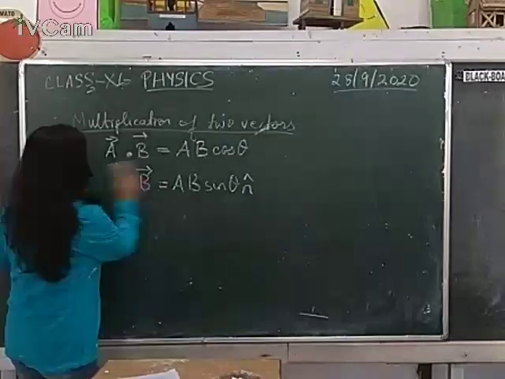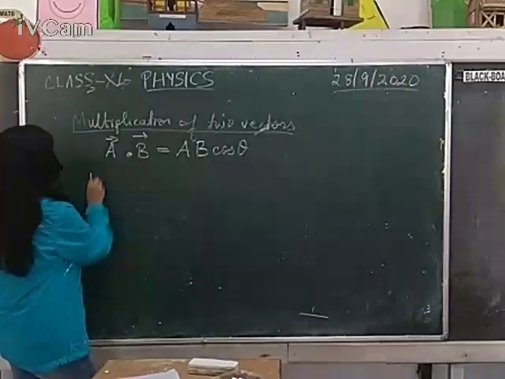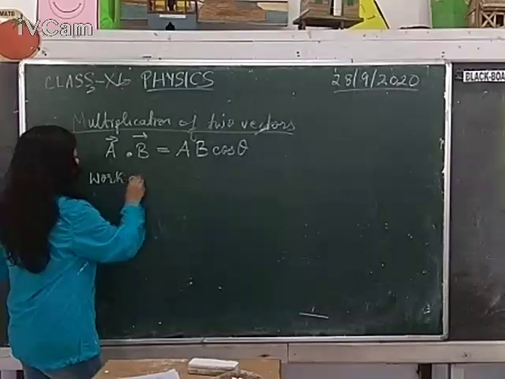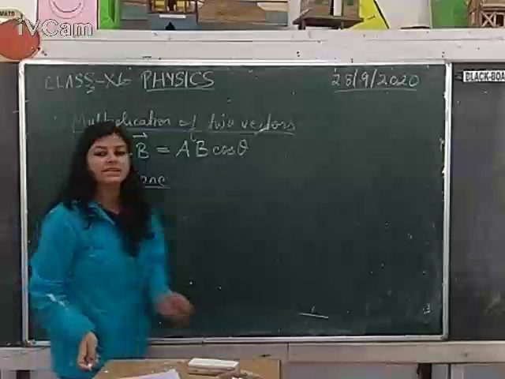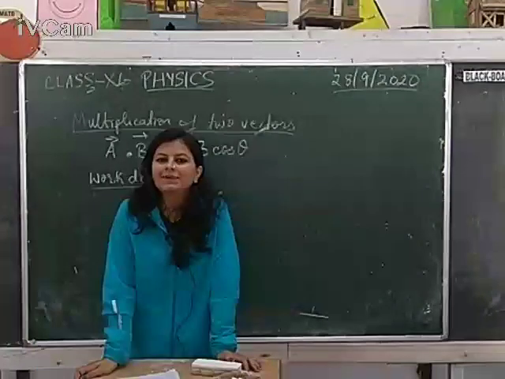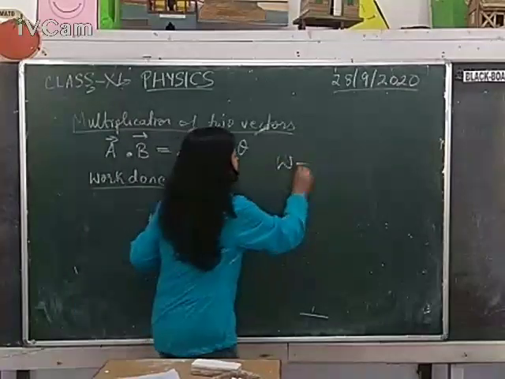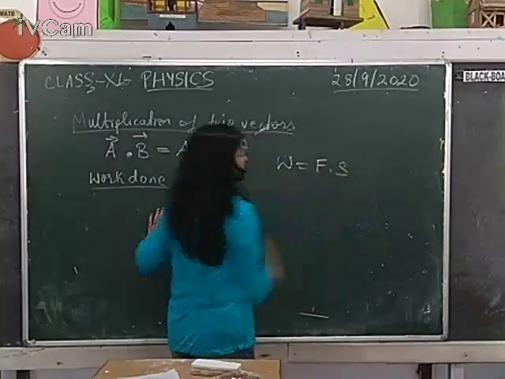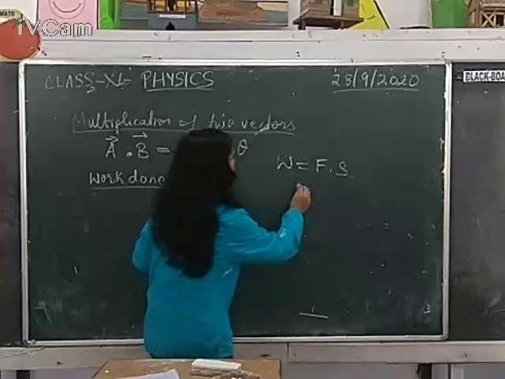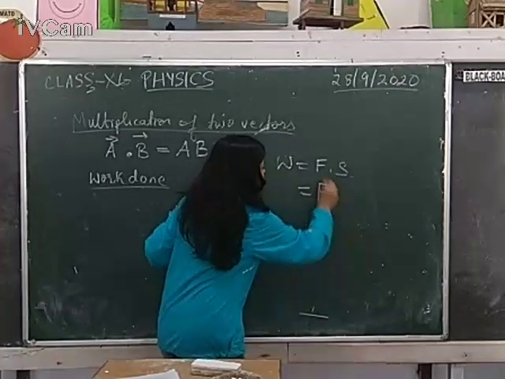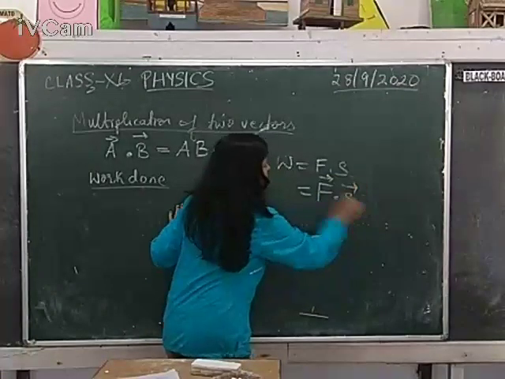Coming to examples of scalar product, you have done it in class 10: work done. Work is a scalar quantity, but the expression for work is obtained by multiplying two vectors together, isn't it? The formula is force into displacement. It was still there in your class 10 basics, but now you will have to write F vector because force is a vector and displacement is also a vector.